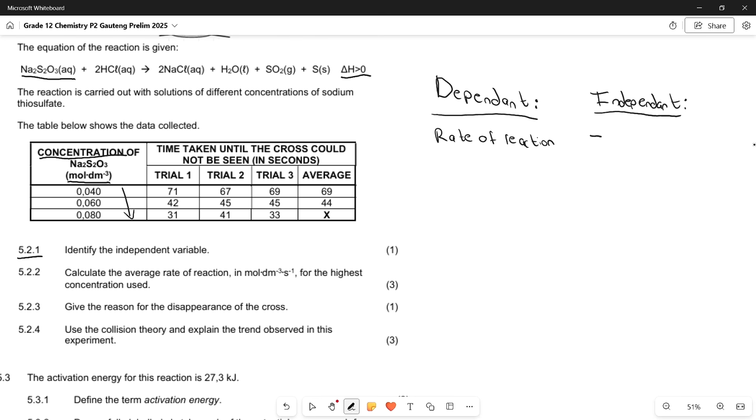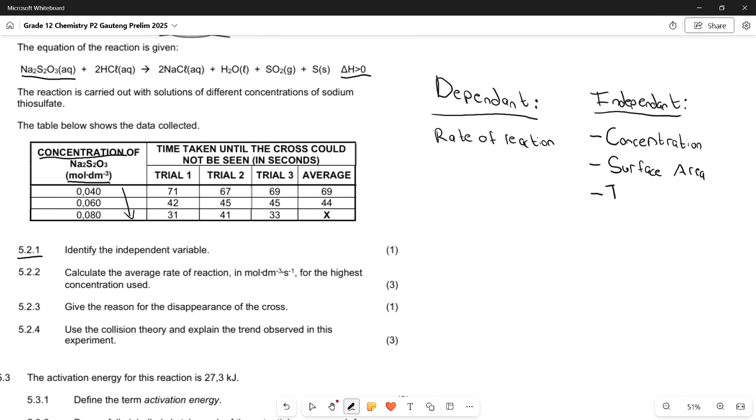The first one is concentration. That's what we're dealing with right now. As they mentioned in the table, we have the concentration of the Na2S2O3. Then we can have surface area. So surface area means if we have some sort of powdered state of magnesium versus magnesium ribbon, the powdered version will react quicker because there's more particles exposed. So concentration, surface area.